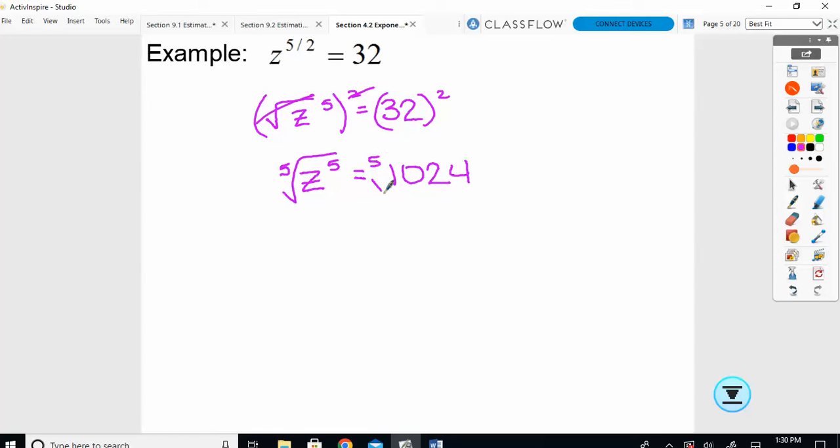Do you need a plus or minus for that? No. So we get Z equals, the 5th root of 1024 is, so if you're looking for your base, just set it up with radicals and solve it. Is that okay?